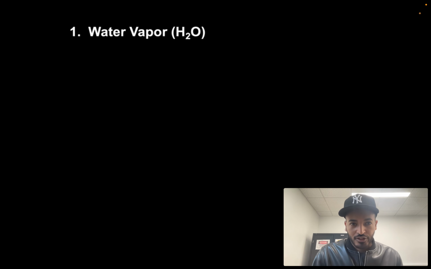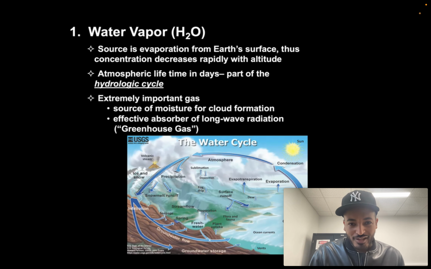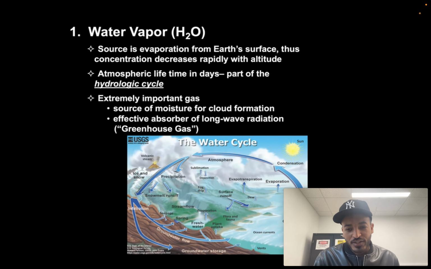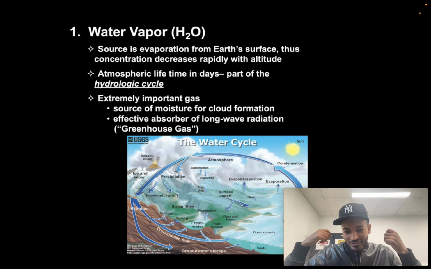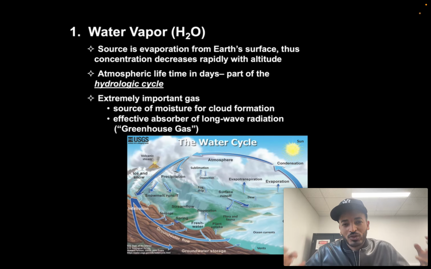And there are very important gases. Today I'll give you the very important greenhouse gases we have in the atmosphere. Water vapor is a very important greenhouse gas. What I mean by greenhouse gas is gases with the capacity to trap heat.